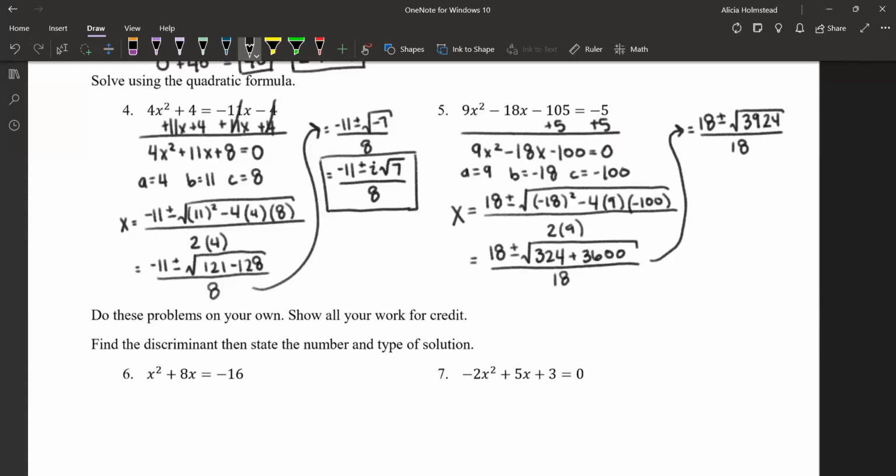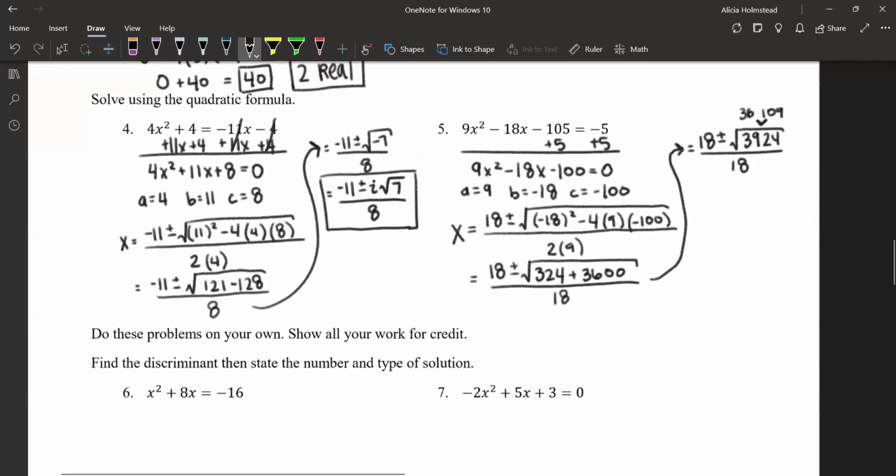All right, once we get to this point, we got to see if our radical is going to simplify, which it is. I'll help you with the factors for this one since it's so big. It's going to be 36 and 109. 109 isn't going to break down, but 36 we can break down into 6 and 6.